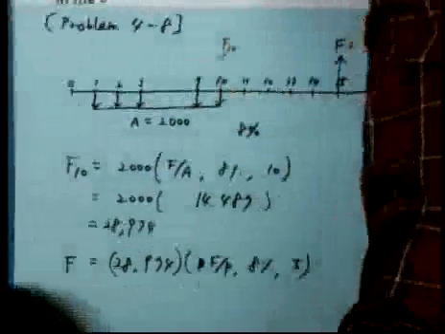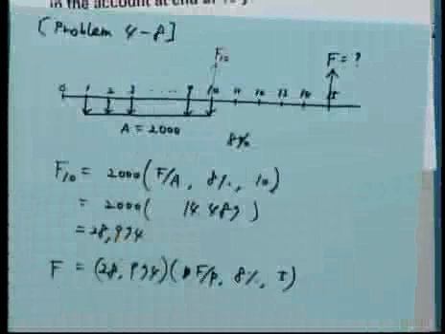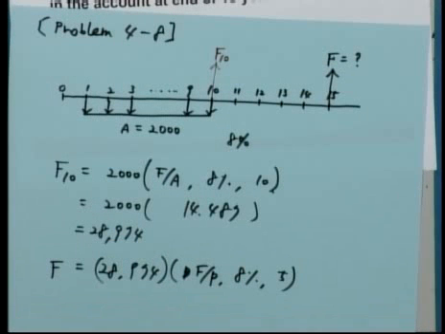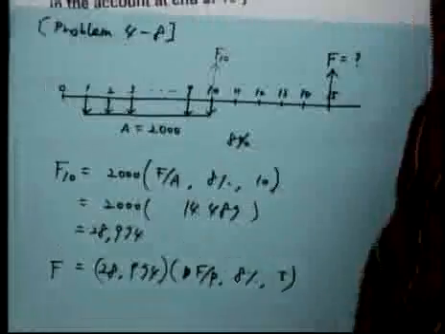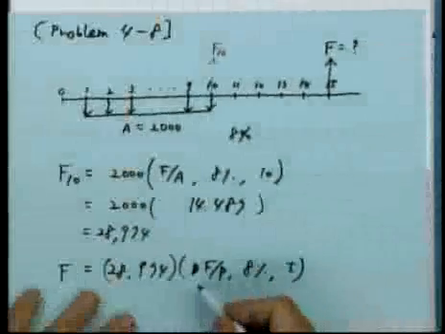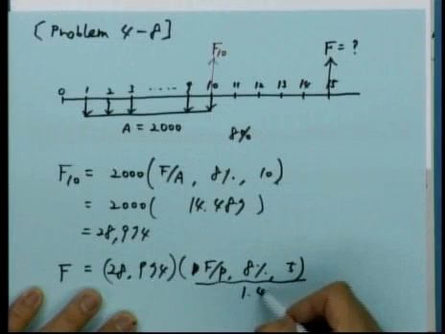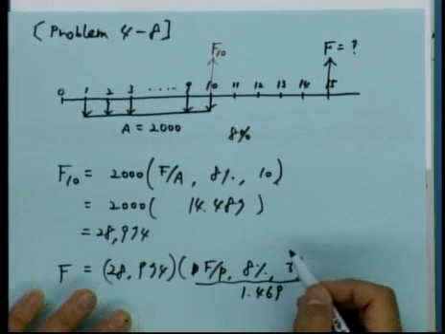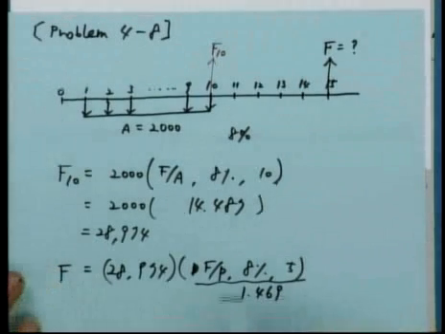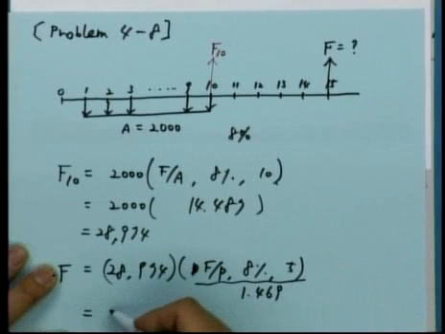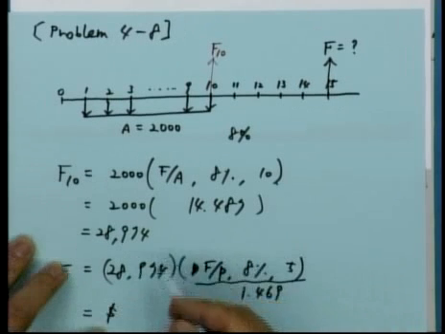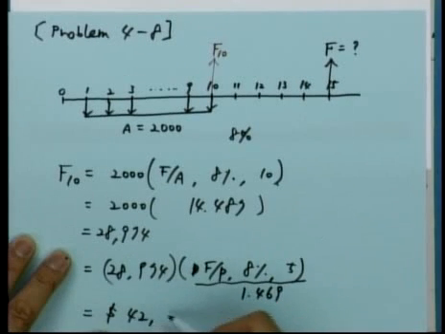So f given p at 8% over 5 periods is 1.469. So this is going to be $42,560.